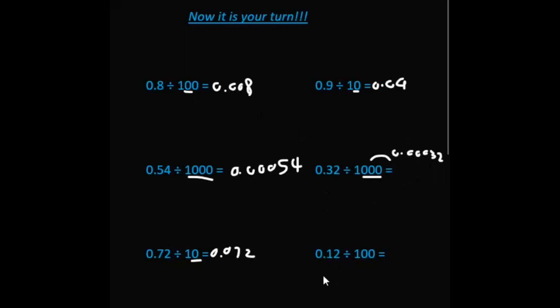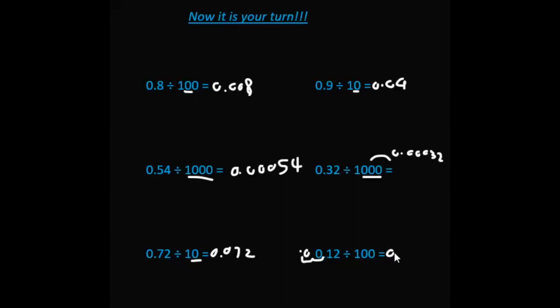Next we have 0.12 divided by 100. This one I'm going to move the decimal point. We can count how many zeros, or what power of 10 this is. So this is 10 to the power of 2. So we can just move it once and twice. We add a 0 here, and then the point.